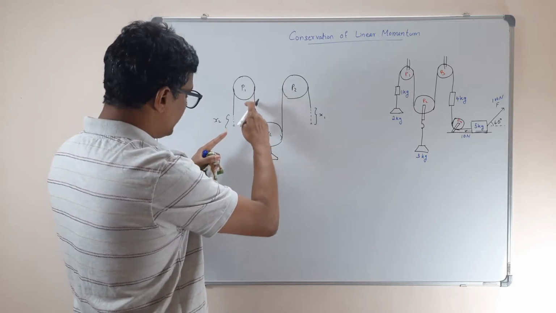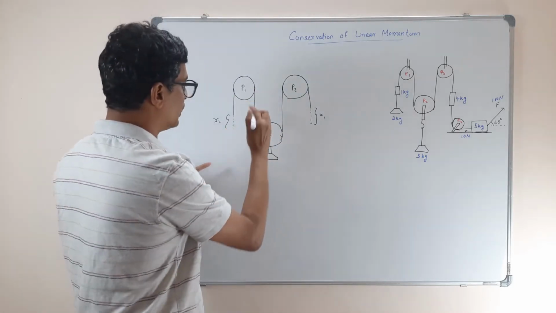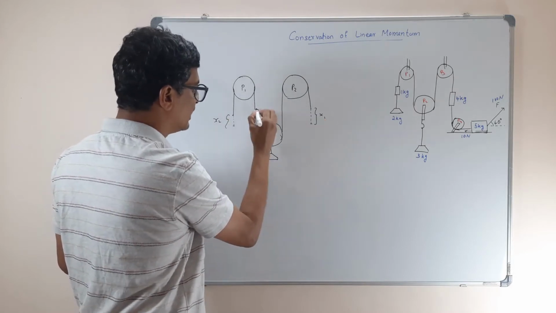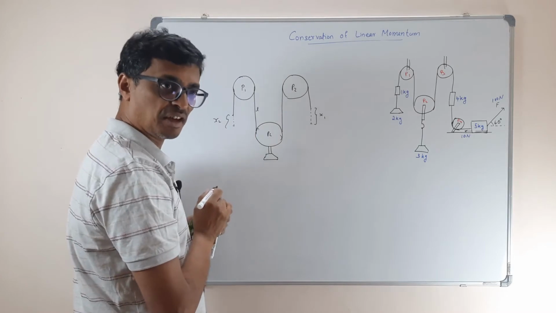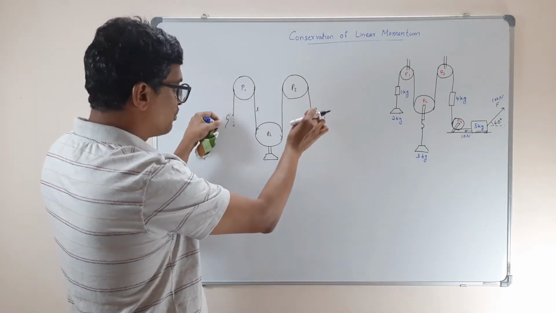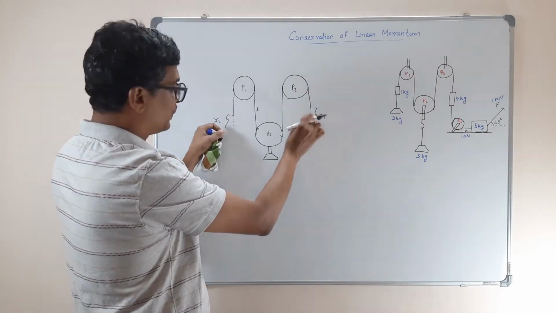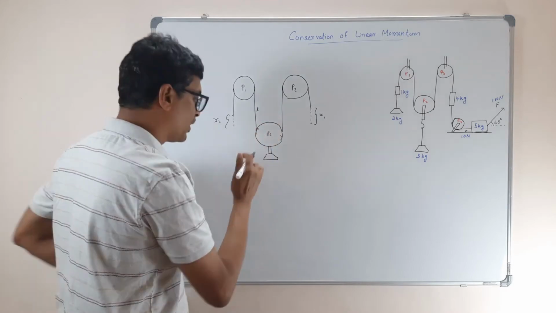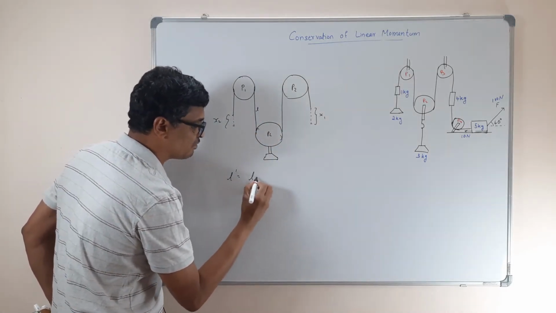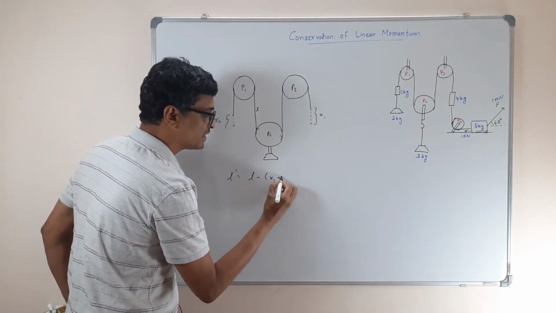Suppose the initial length is L. Let me call this the initial length: when it is here, the length is L. Now after pulling this string by x1 and this string by x2, the length will be reduced by how much? Now the new length L prime will be L minus these two, x1 plus x2.